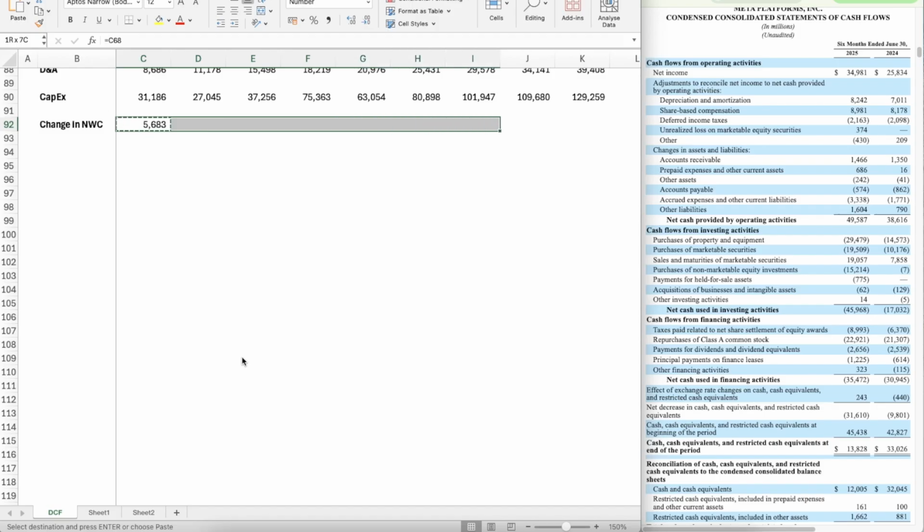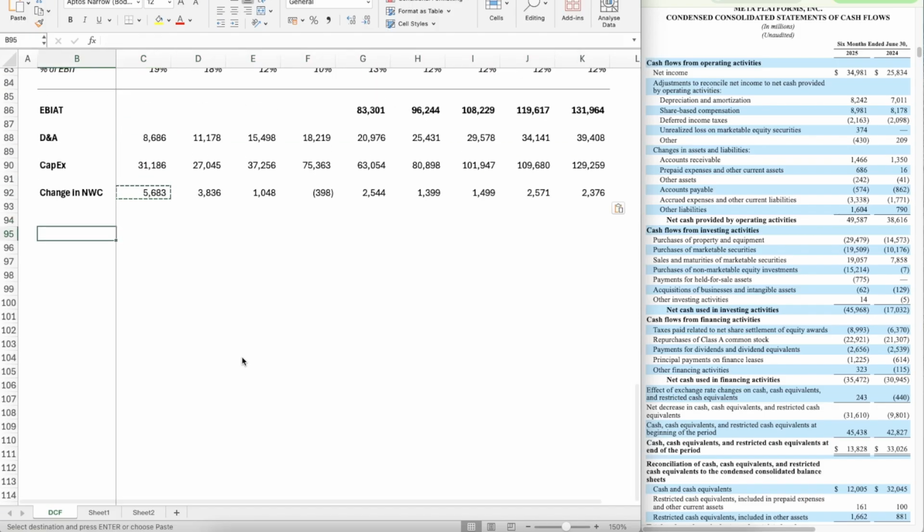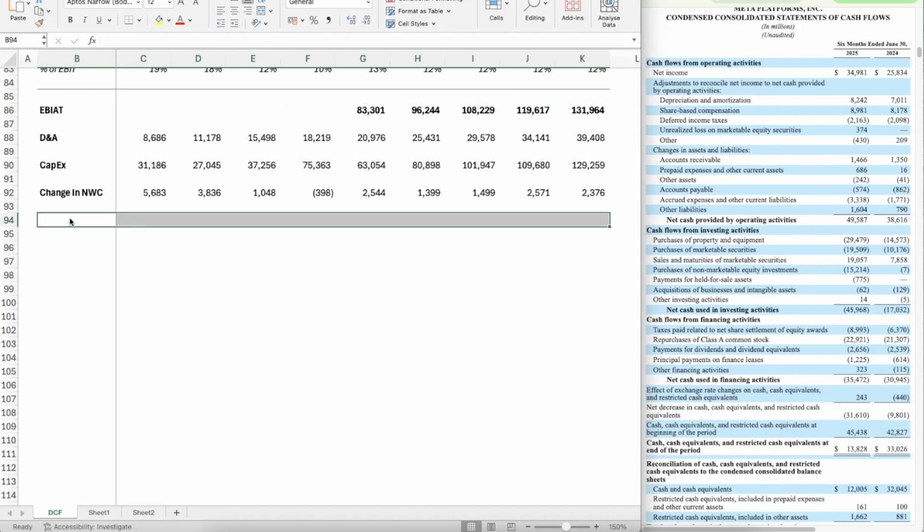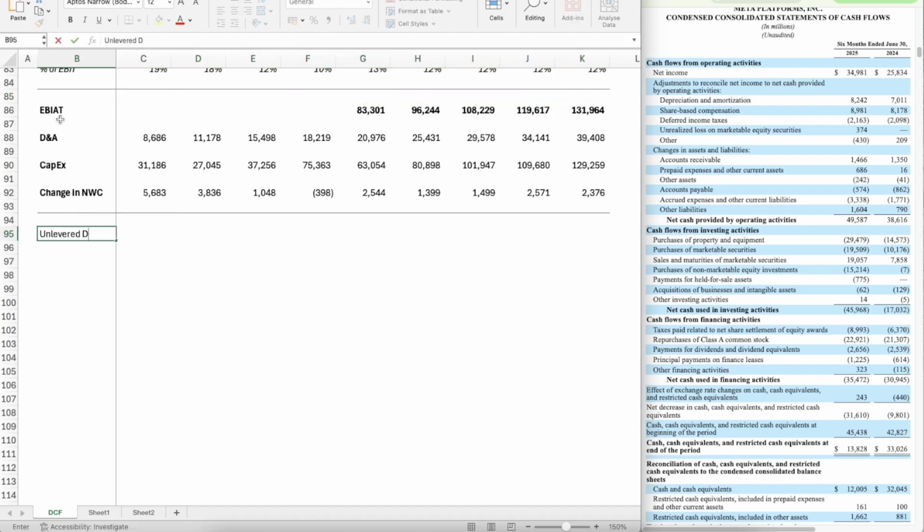We're almost there now, maybe 75%, three quarters of the way through. Just put another border there. Then we want the unlevered free cash flow. And how do we do this now?